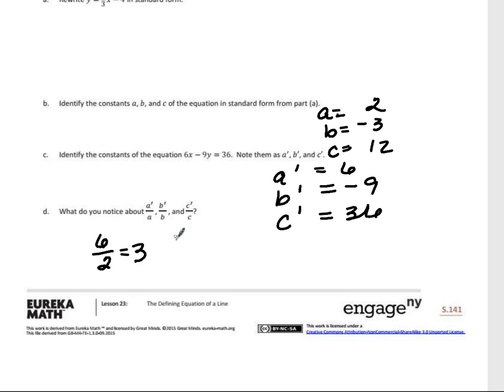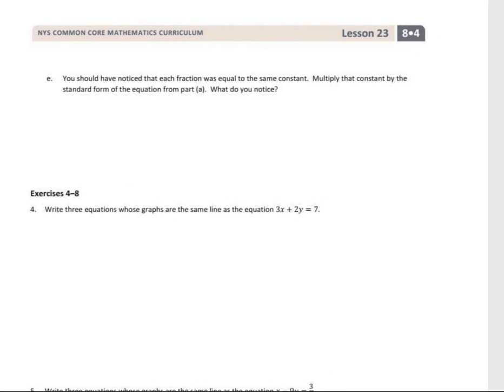B prime is negative 9 over B, negative 3, which also reduces to 3. And finally, C prime, which is 36, over C, which is 12, reduces to 3. Now, you should have noticed that each fraction was equal to the same constant. Multiply that constant by the standard form of the equation from part A, and what do you notice? Okay, and we did that.